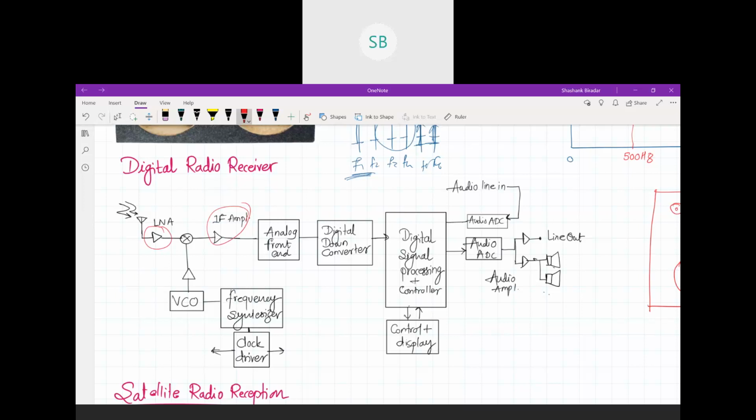Then the high speed ADC block converts this analog IF signal into digital form. A digital down converter is required in order to reduce the frequency of the ADC output so as to match with the speed of your DSP processor or the controller, right?